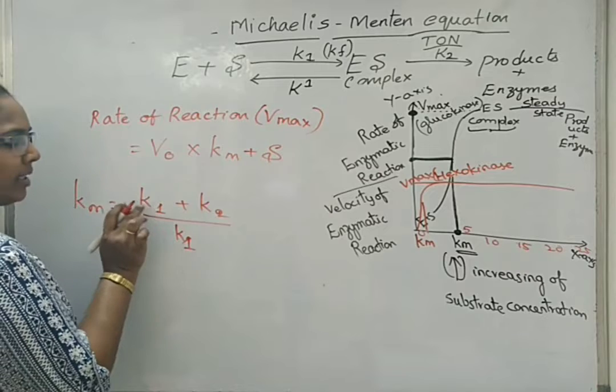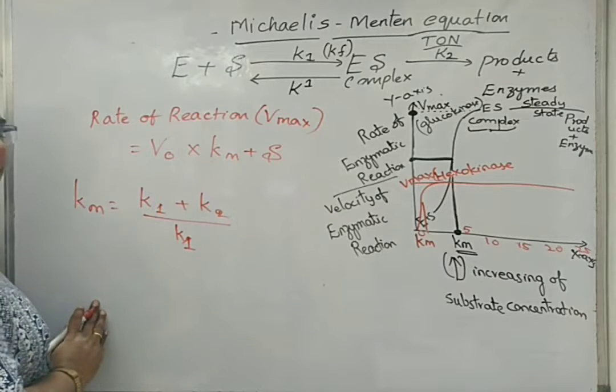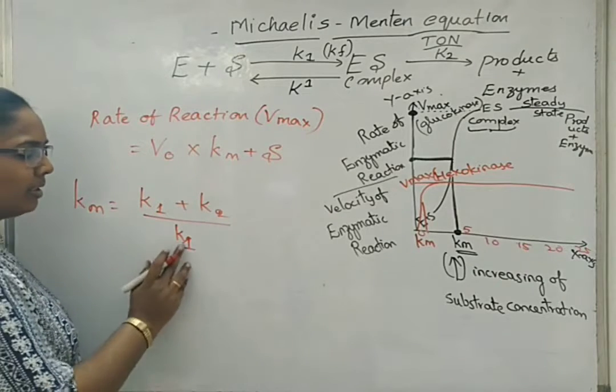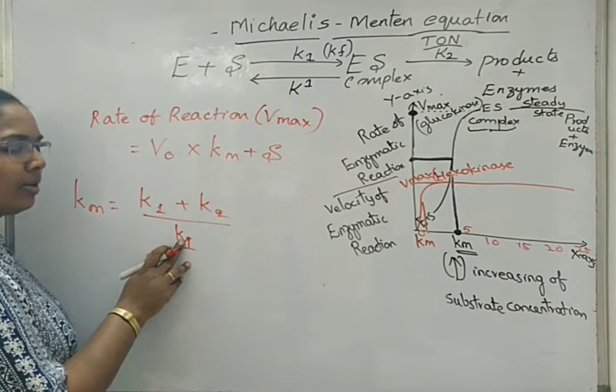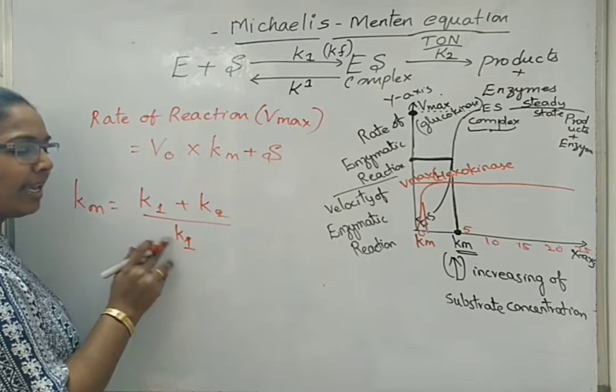What is this numerator K1 indicating? It is indicating the rate of forward reaction. This denominator K1 is indicating the rate of reversible reaction. This can also be written as K minus 1.